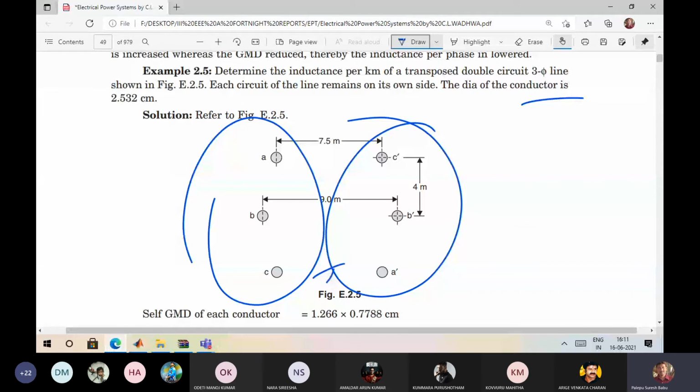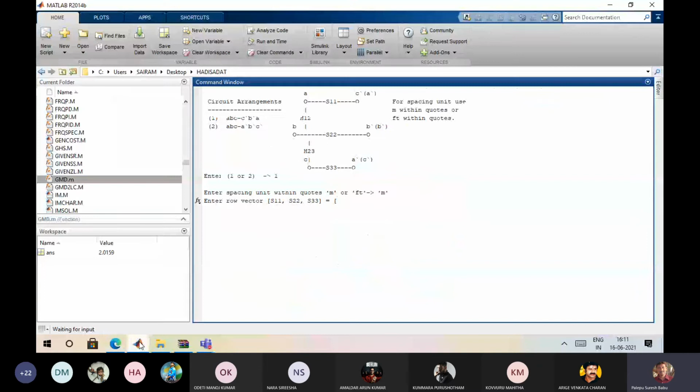These are very simple problems. So we give 7.5 space 9 space 7.5.